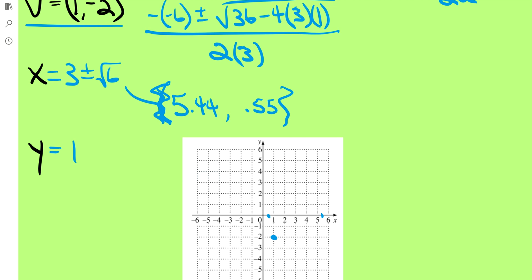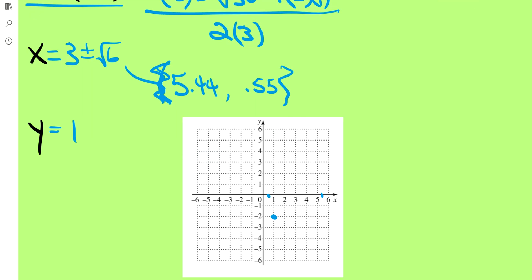What is wrong? Okay, what's wrong is I needed to divide this by 3 as well. Okay, that'll make a difference. So I could take the 5.44, and this is just calculator work here, and divide it by 3. And that gives me 1.8.